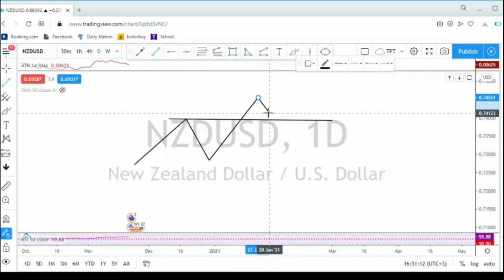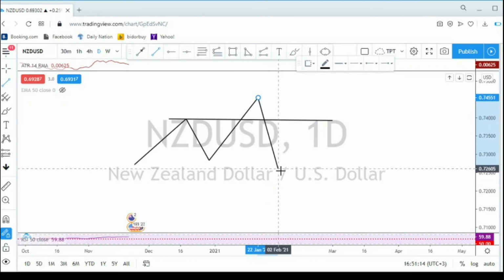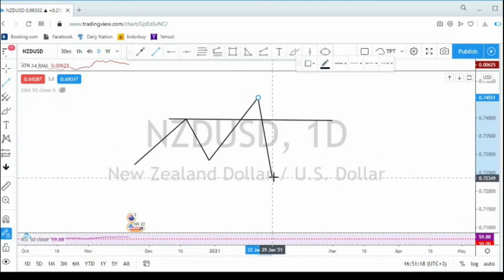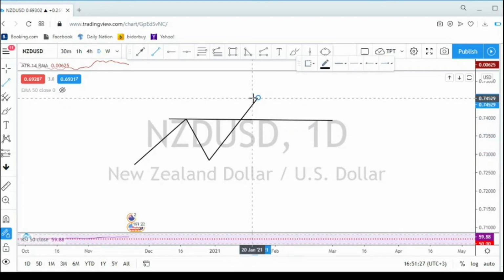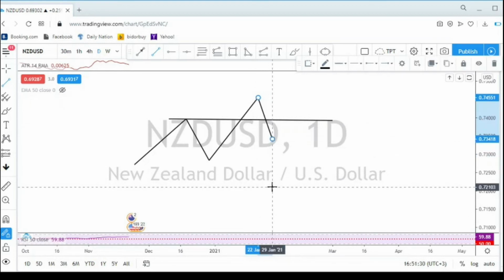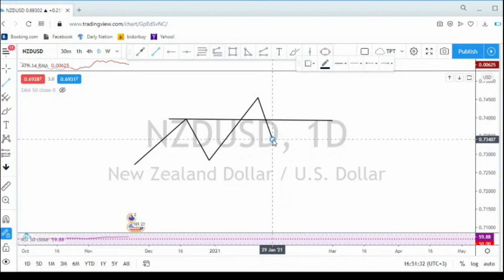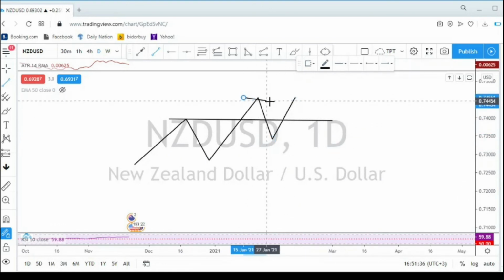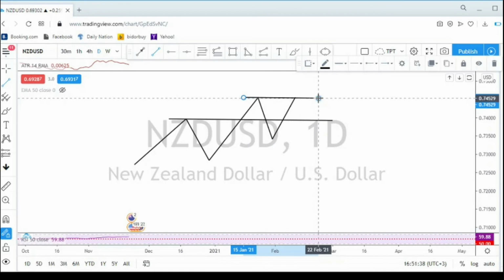But make sure that this market does not close below this level of support, because if it does that, then this market is not likely to continue to the upside. But if it makes a pullback to this zone, then I will expect this market to continue to the upside, at least touching the previous level of resistance.